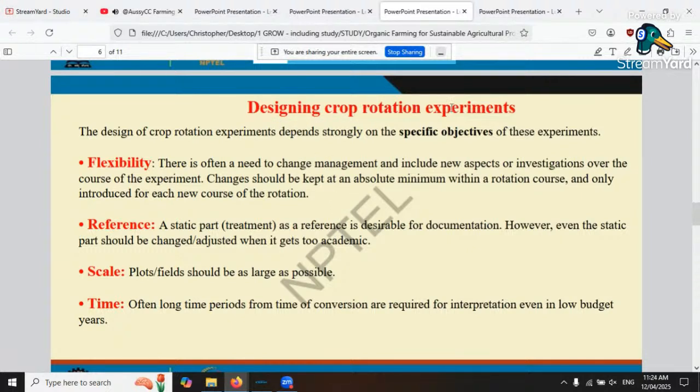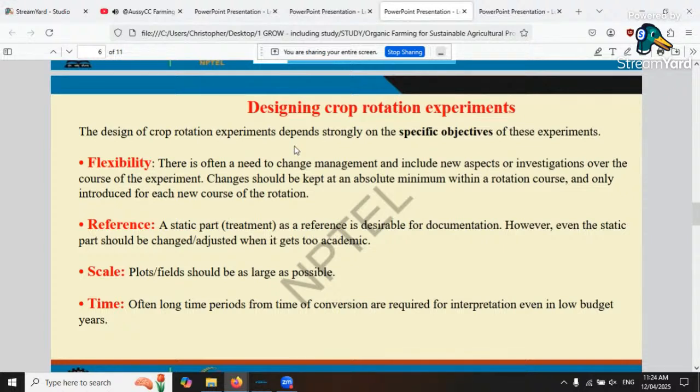Designing crop rotation experiments. To design crop rotation experiments depends strongly on specific objectives like flexibility, reference, scale, and time. Flexibility: there is often a need to change management and include new aspects or investigations over the course of the experiment. Changes should be kept at an absolute minimum within a rotational course and only included for each new course of rotation.